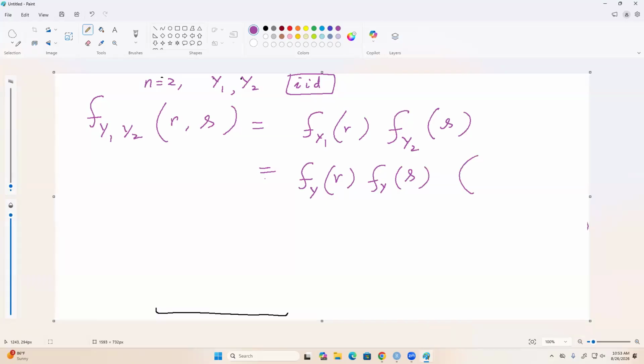This is because of identically distributed observations, and this is because of independence, IID. Now, is it exchangeable?